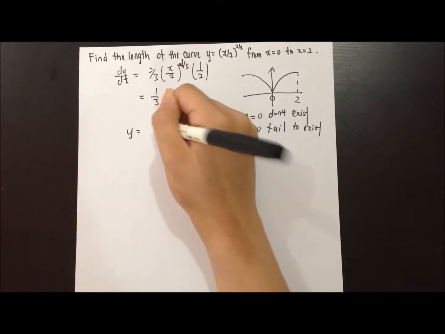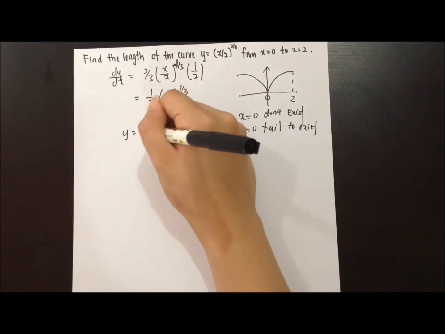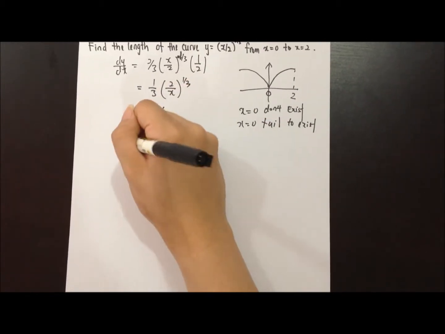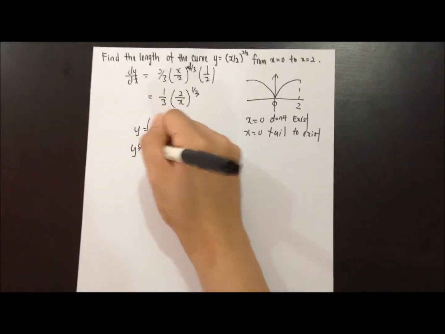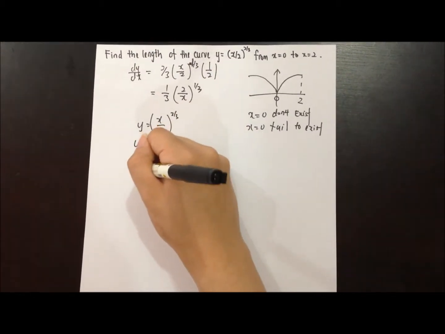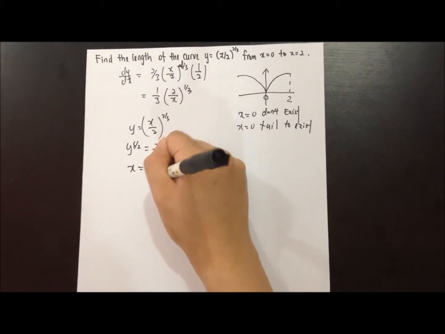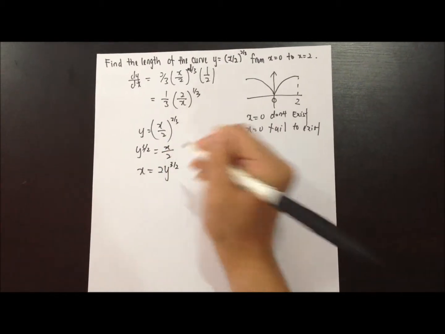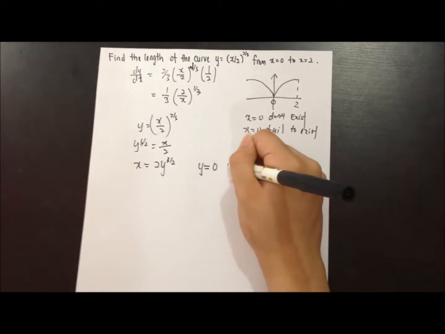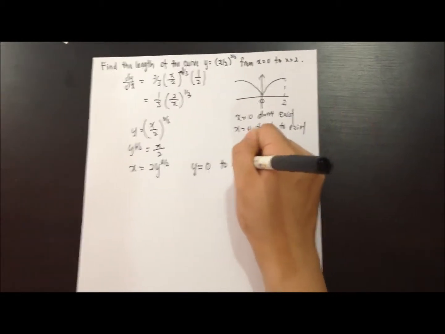y equals x over 2. After rewriting, the equation will be like that, and the range will change to y equal to 0 to y equal to 1.